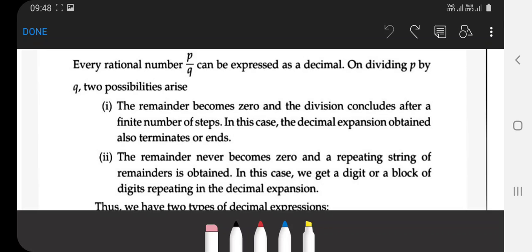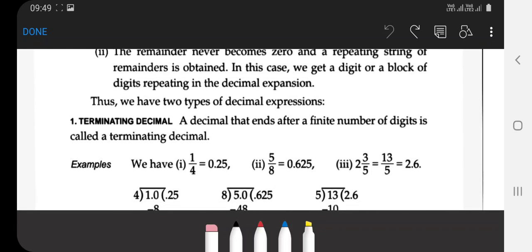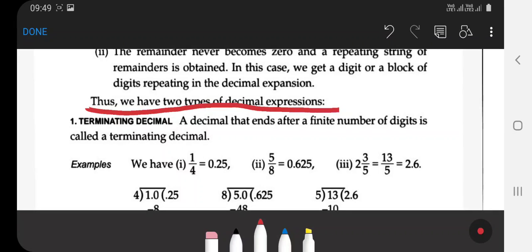In this case, we get a digit or a block of digits repeating in the decimal expansion. In the second example, the repeated digit is 3, 33333. Clear? So we have concluded that we have two types of decimal expression: one is terminating decimal and the second is non-terminating decimal.